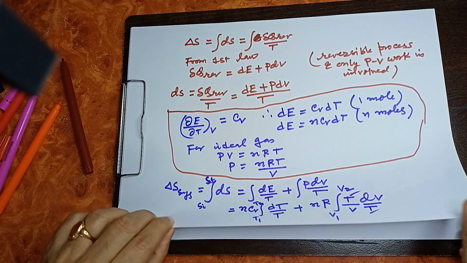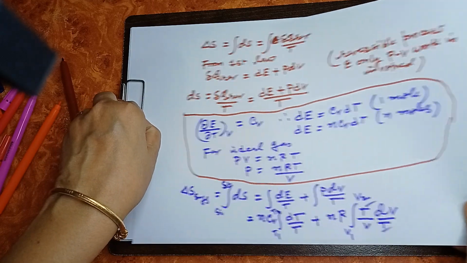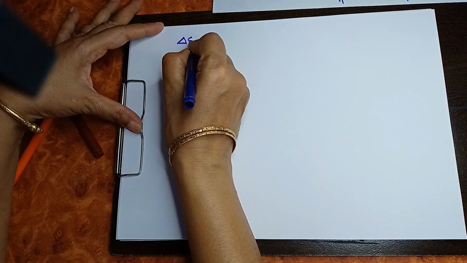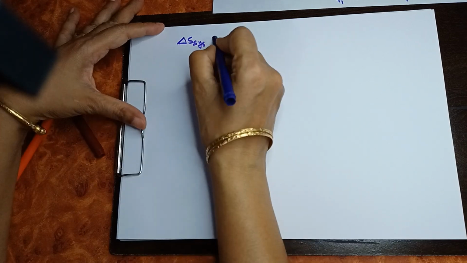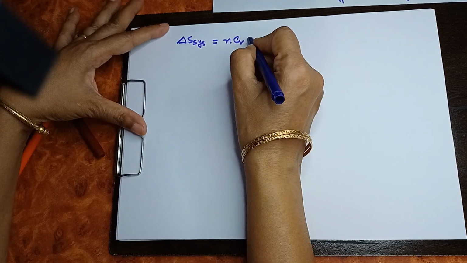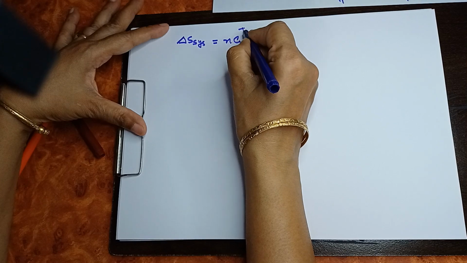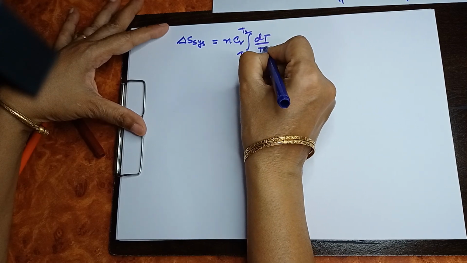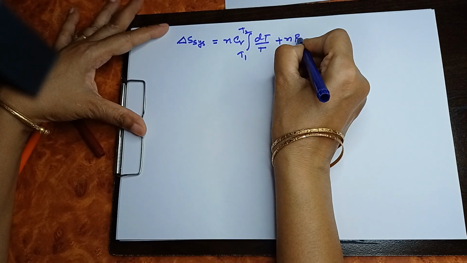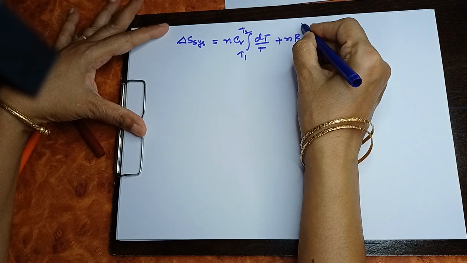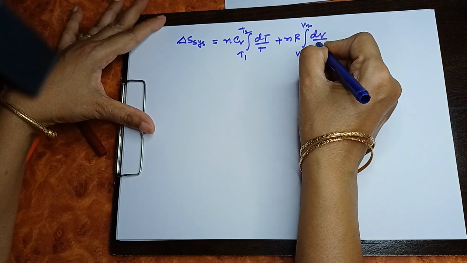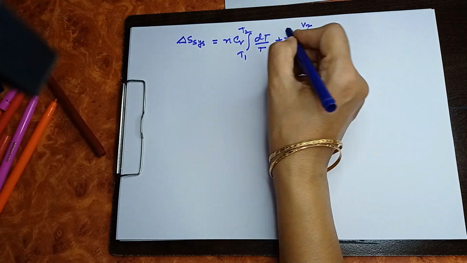So what is left over is delta S system, that will be equal to nCv, once again I am writing, integration T1 to T2 dT by T, plus nR integration of V1 to V2, now dV by V.